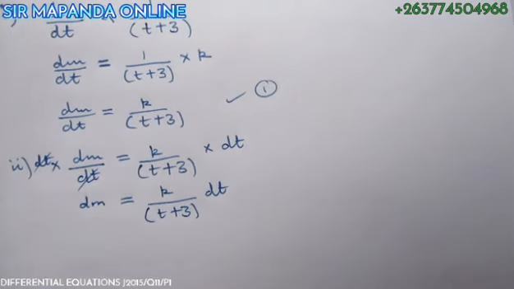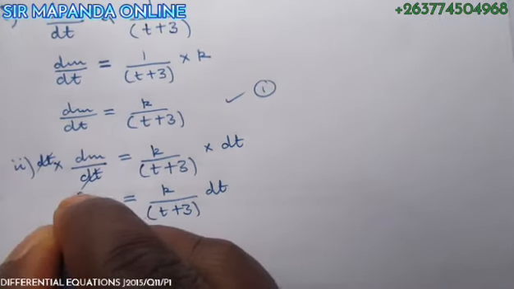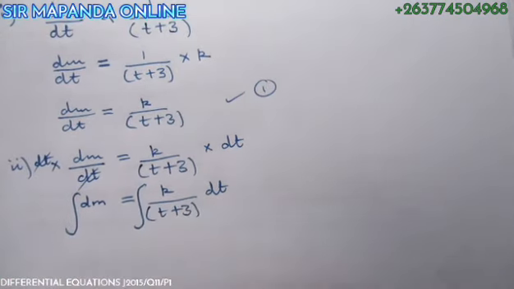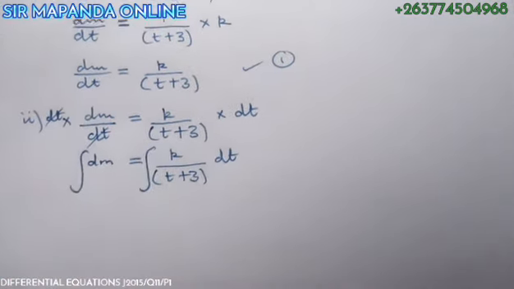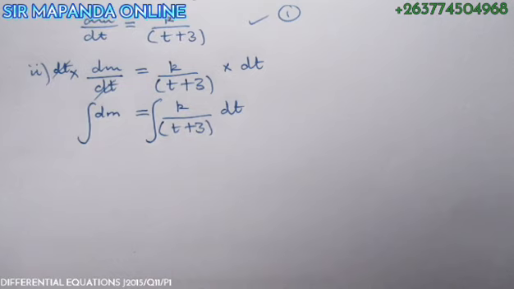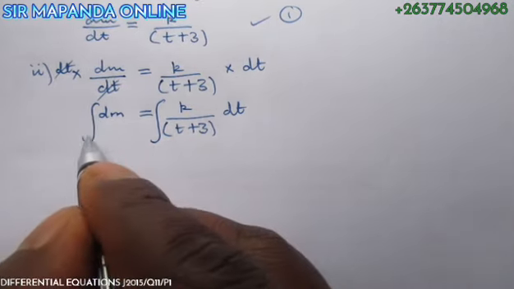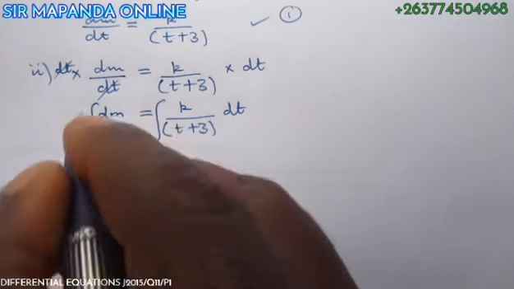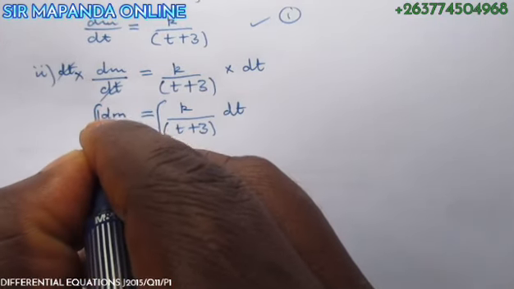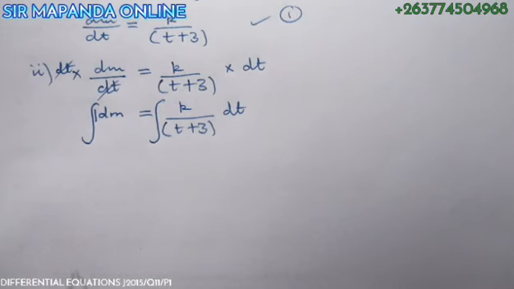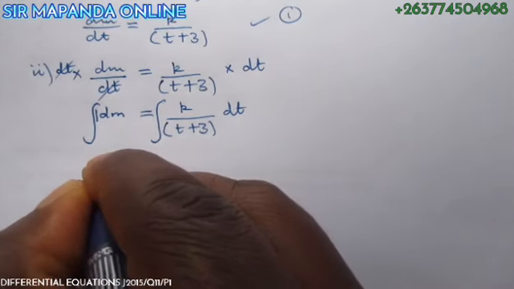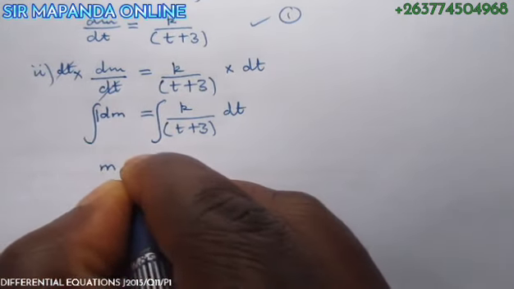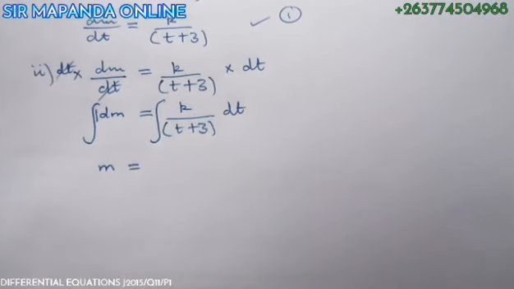So after cross multiplying, you then take the integral sign on both sides, so that you integrate on the left as well as on the right side. In between this integral sign and dm, there is a silent 1. So the integral of 1 dm, you get m. Then we are now integrating the inverse fraction on our right.